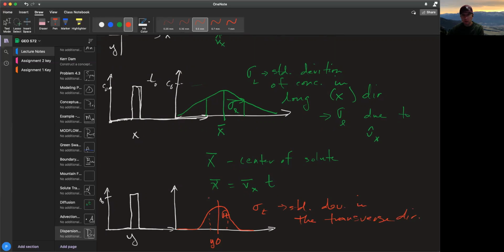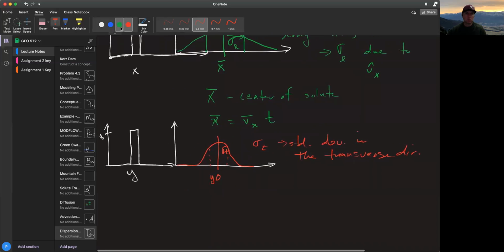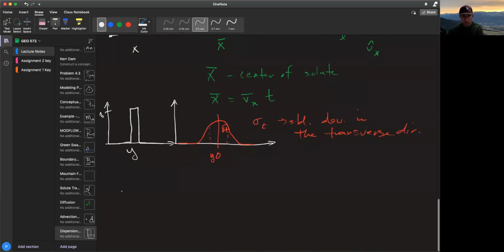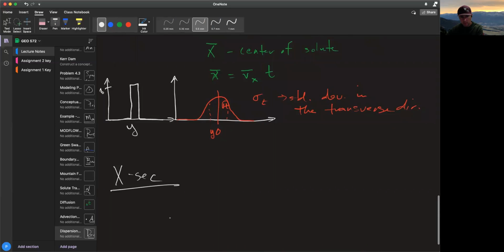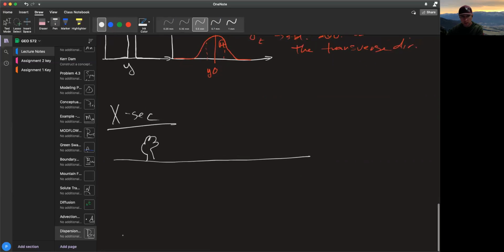Okay, so we can think about this also in cross section. If I were to draw my plume in cross section, here's the top of an aquifer, let's say. Put a tree there, happy little tree.